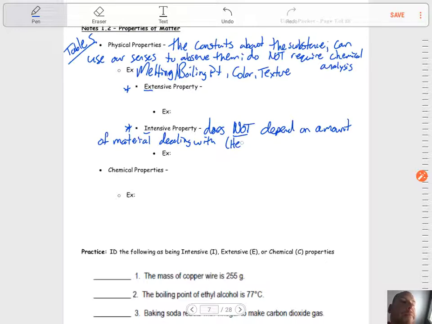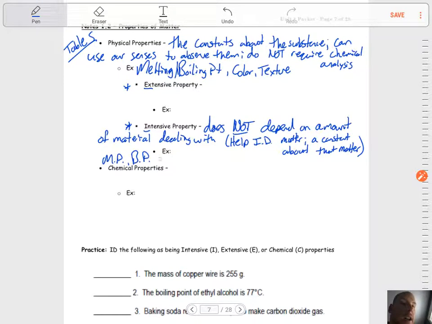Intensive properties will help identify matter if you have an unknown. It's a constant. The best ones, like we already said, are melting point and boiling point. Color is another one.